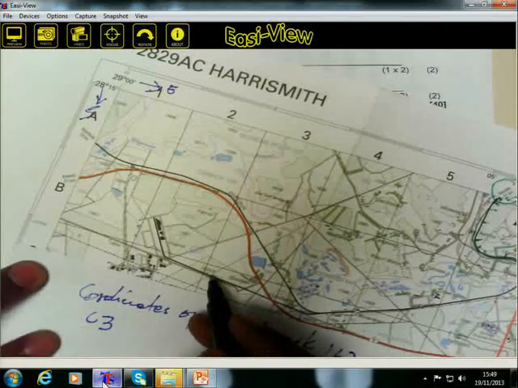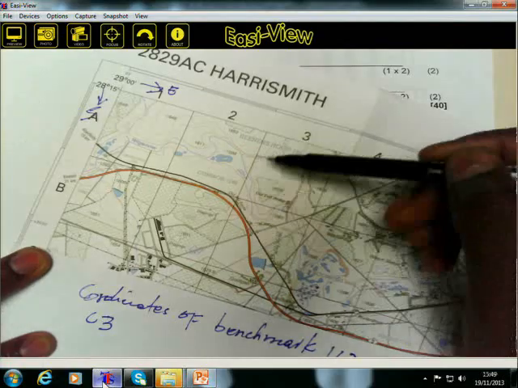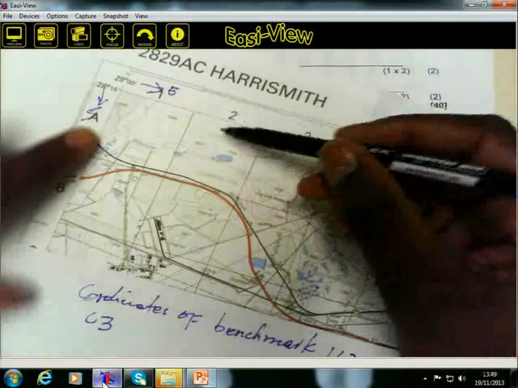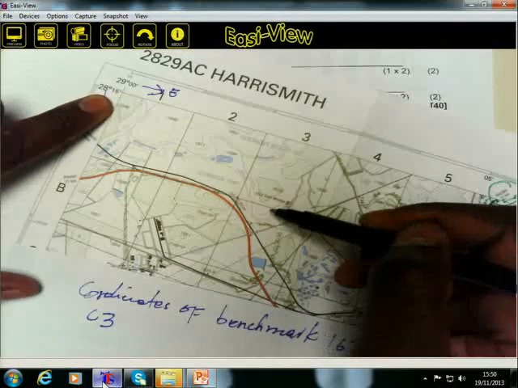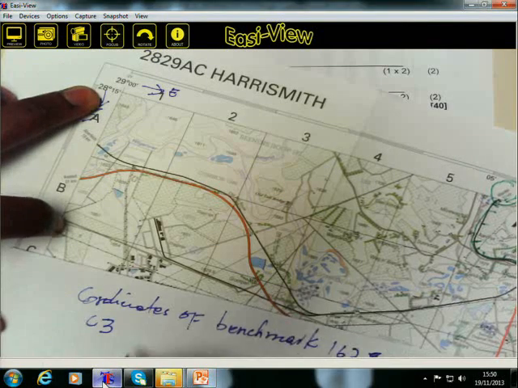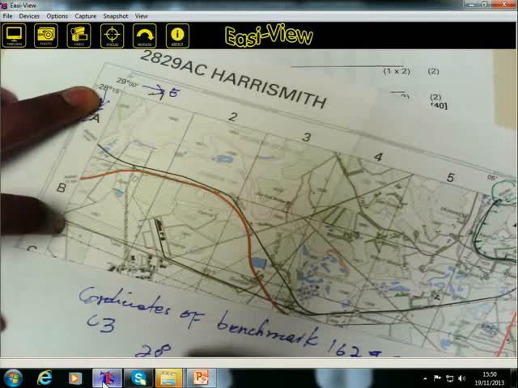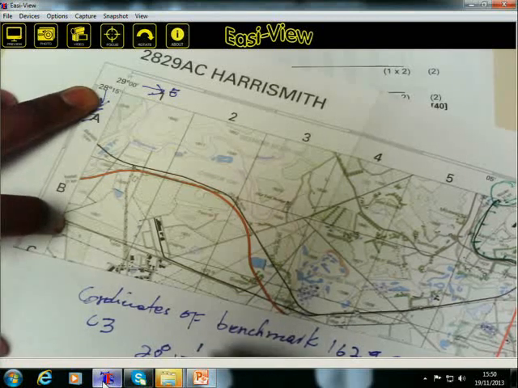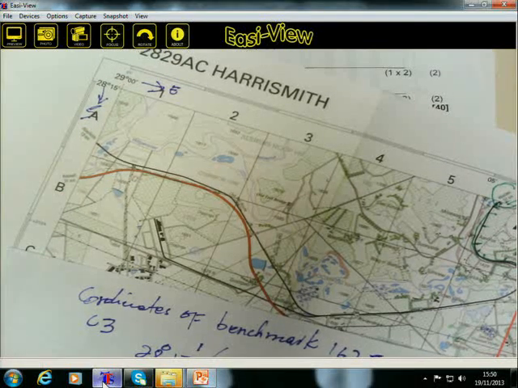To get these coordinates, I must start with latitude first. I must move southwards. This will be my line of 15, then 16, 17. Now I will have 28 degrees, 17 minutes. Now there's a formula that you must apply to get your seconds.